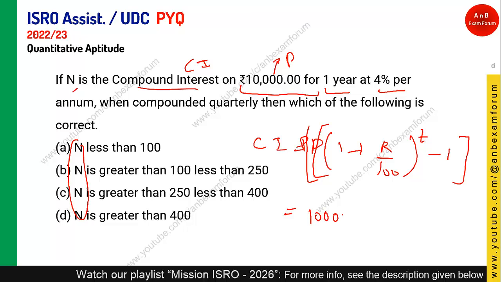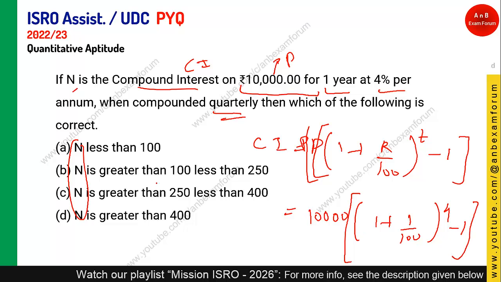P is what? 10,000. And rate is what? 4. So we know that when it is compounded quarterly, it will become 4 by 4, that is 1, and time instead of 1 year becomes 4 years, minus 1 for this particular bracket.